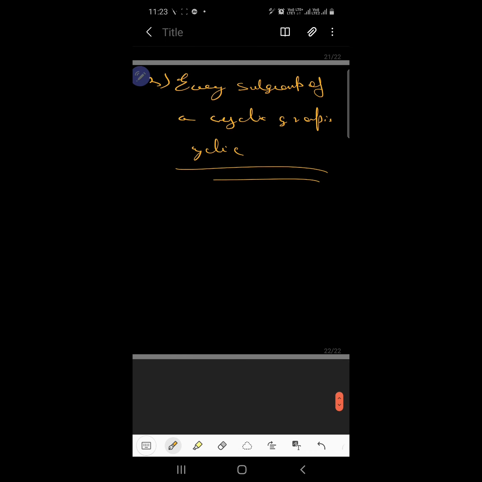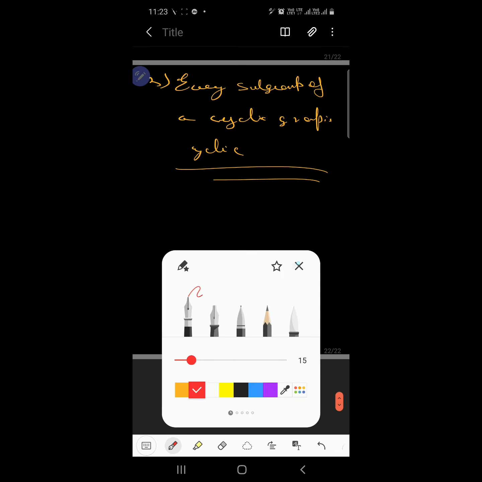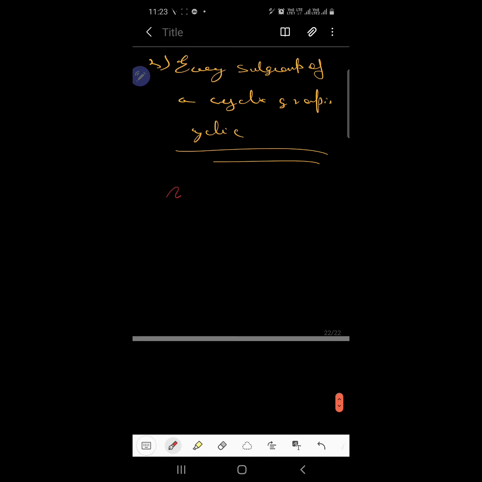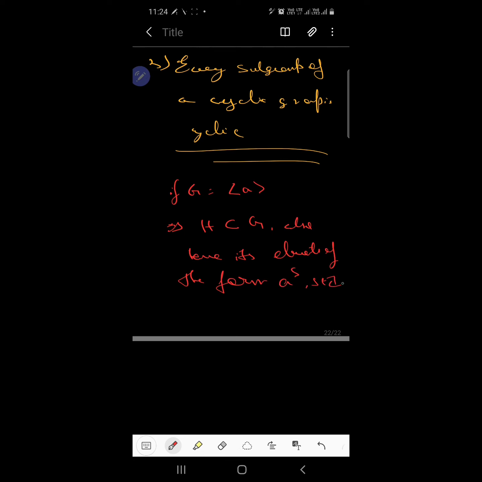So how can we prove this statement? Proving this statement is pretty easy. I am giving you just a brief explanation of how to prove this. See, if G is a cyclic group generated by a, that implies that some H which is a subset of G also has its elements of the form a to the power s, s being an integer.